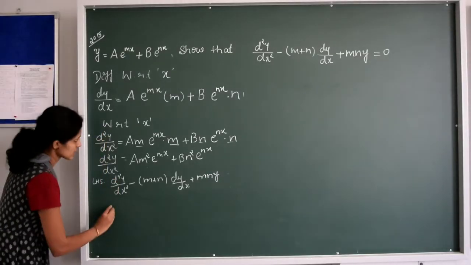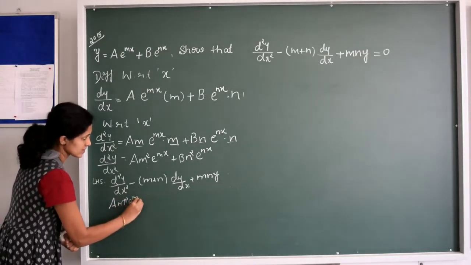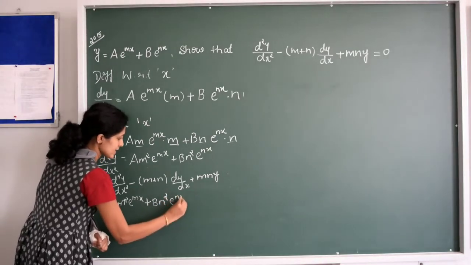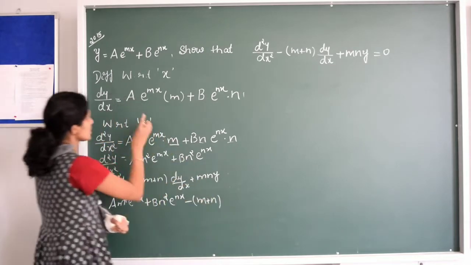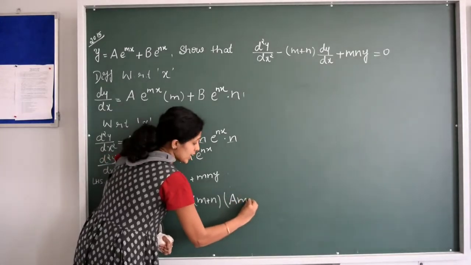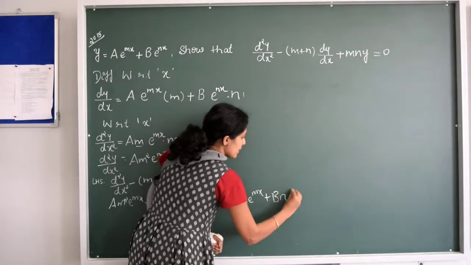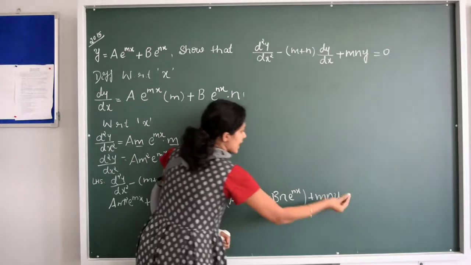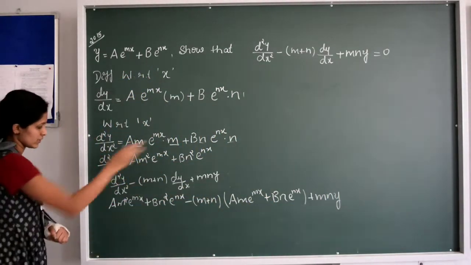D square y by dx square will be now a m square e to the power mx, right, plus b n square e to the power nx minus m plus n into dy by dx. What is dy by dx? Is now a m into e to the power mx plus b n into e to the power nx plus mn into y. We'll write y as it is. No need to substitute the value of y. If you substitute also okay, no problem, or else we can keep like this only.